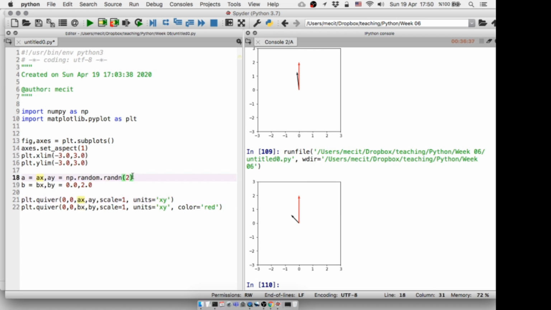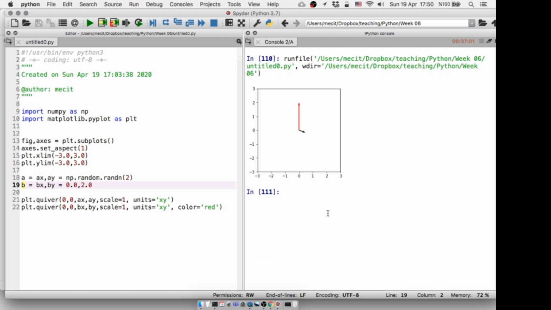Basically two random numbers are set as ax and ay, and in turn those two numbers are set to a. The same goes here. I have my 0 and 2 as my components, and they are set as bx and by, and that is set as b. So I can run this in the same way.